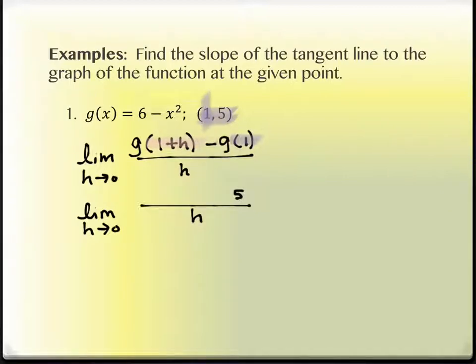So it's to take this g of x function here, and where x is located, I'm going to replace it with 1 plus h, okay? That's a college algebra concept. I hope that you're comfortable enough with that to see that part of it. So this should say 6 minus, and then the x is going to be replaced by 1 plus h, and it is squared. And then I have minus 5 at the end.